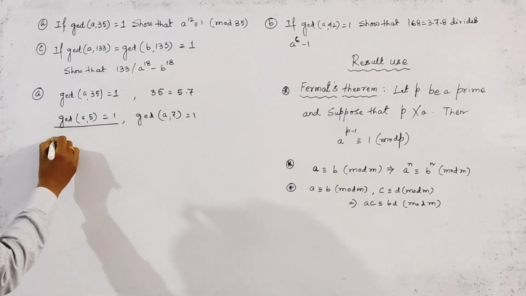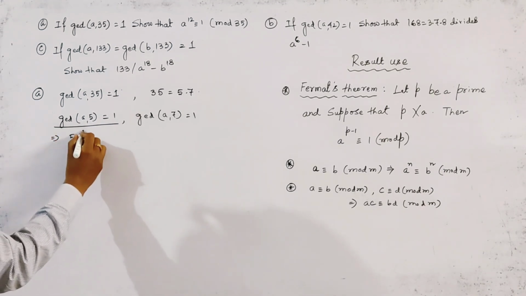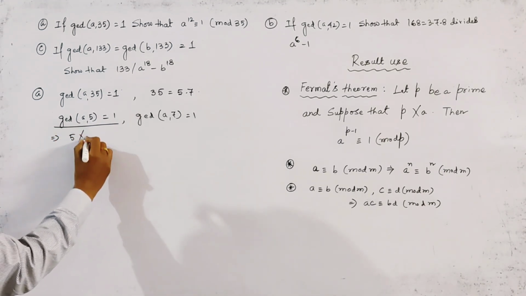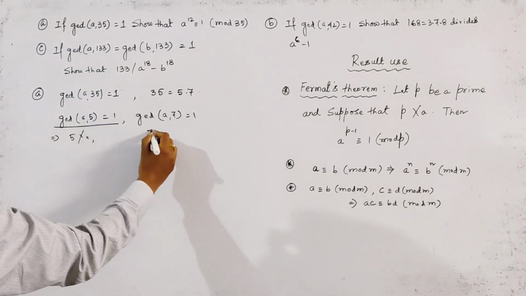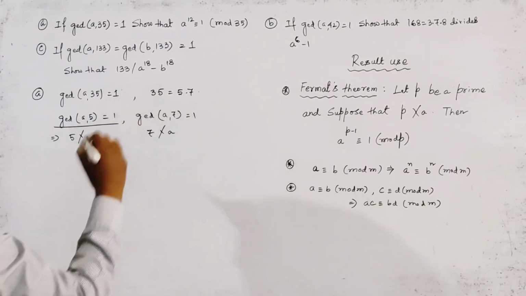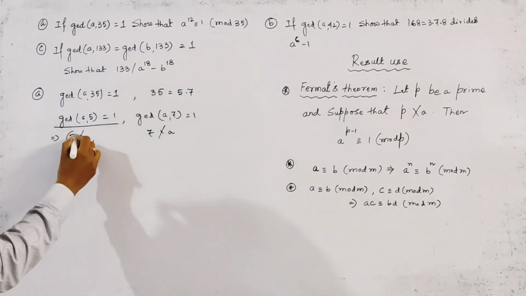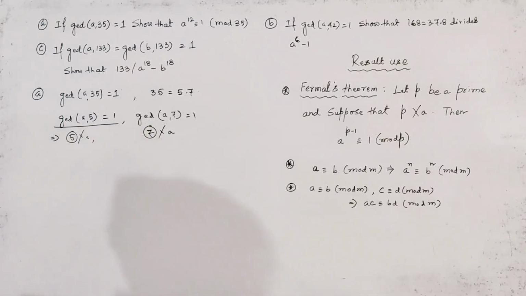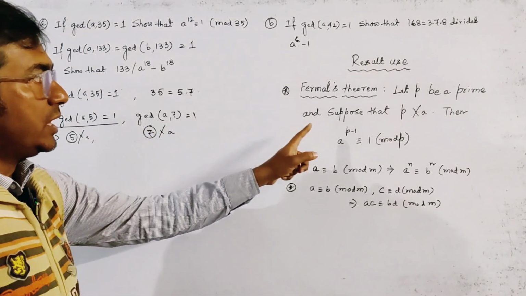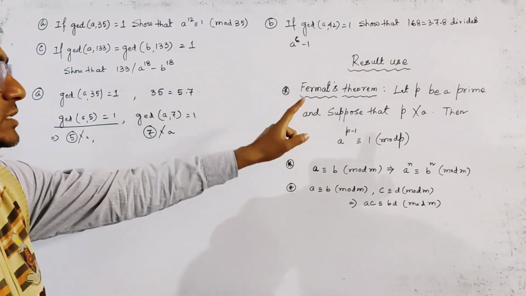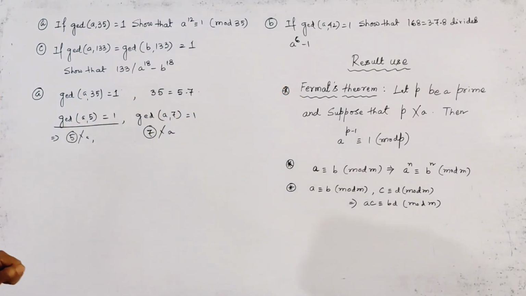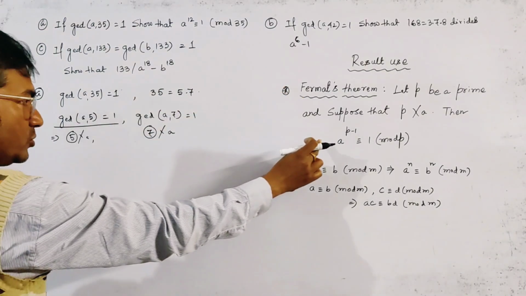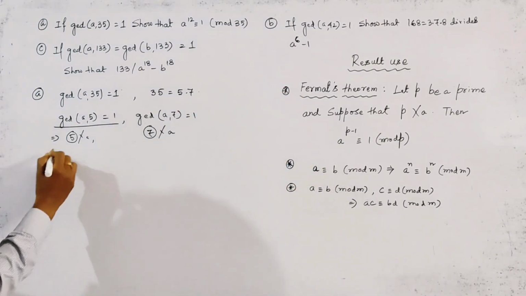This gives that 5 does not divide A, and 7 does not divide A. Since 5 and 7 are primes, we can use Fermat's theorem, also called Fermat's little theorem.